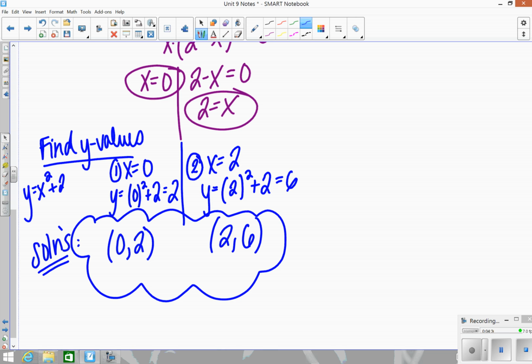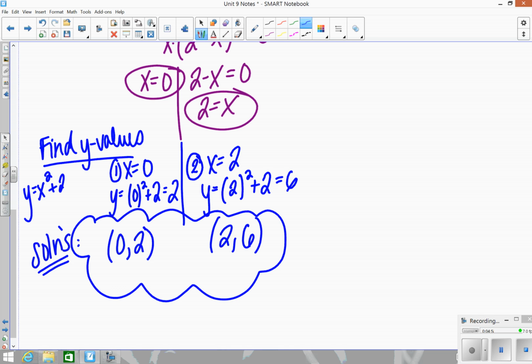And again, to check these, you would take both of those solutions and plug them into both equations. Another way to check is to do them graphically. And if you remember in the previous lesson, these are actually the two solutions that we got because we started with the same two equations.